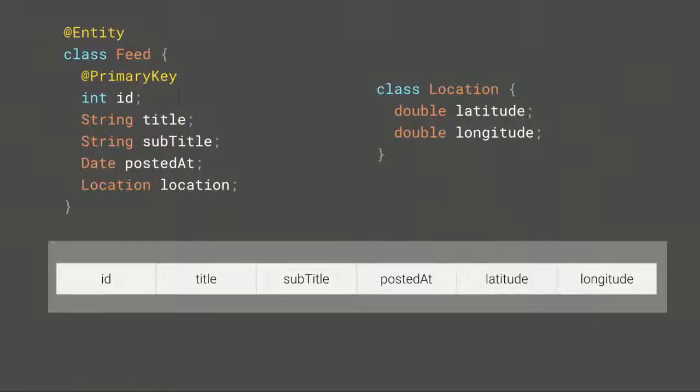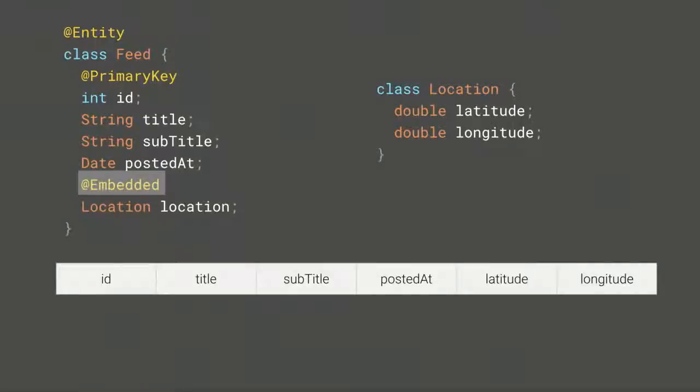The latitude and longitude fields from the location are flattened into the same table, and you do it with the embedded annotation. At compile time and at runtime, Room figures out how to flatten your entire hierarchy into this one table.